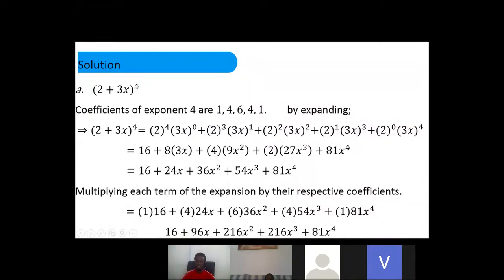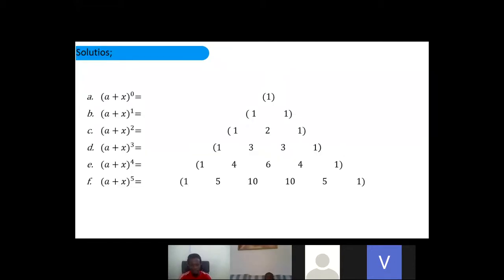Pascal's triangle has a limitation in such a way that when you have a larger exponent, it becomes tedious. Maybe when you're given a binomial to exponent 20, you have to follow this pattern and create up to exponent 20. Even if you buy foolscap, it can hardly contain it on one page. Are you getting it?